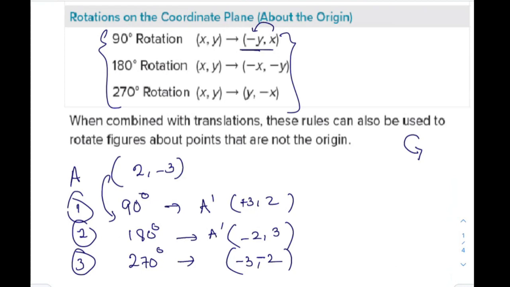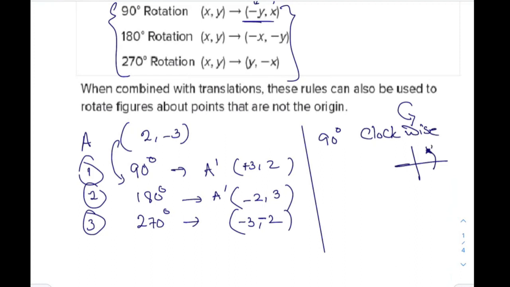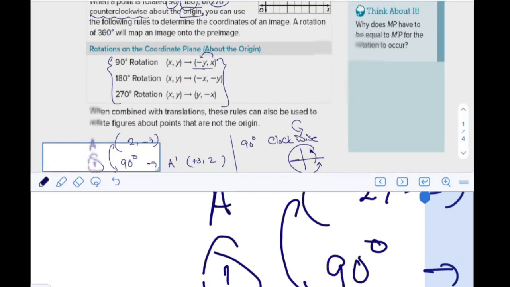Okay. Now, what if a question asks us if it is not counterclockwise, if it is 90 degrees clockwise? 90 degrees clockwise means what? If you want to rotate 90 degrees clockwise, that means you have rotated 270 degrees counterclockwise.